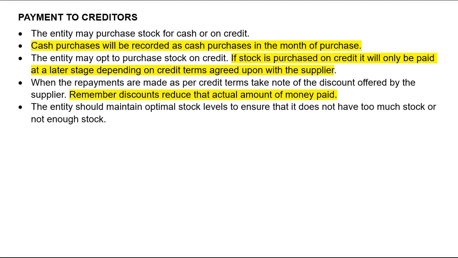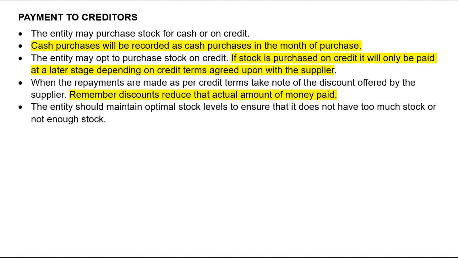At the same time, it ensures that we don't incur more holding costs, because for holding too much stock, there are costs that come with that, unnecessary costs, that is. And obviously, there's theft, which is part of the expenses we might incur if we have too much stock. And then we've got expiry of stock. Obviously, too much stock means that we'll have that stock in the warehouse for a while and we might not be able to sell it because it has reached its expiry date.